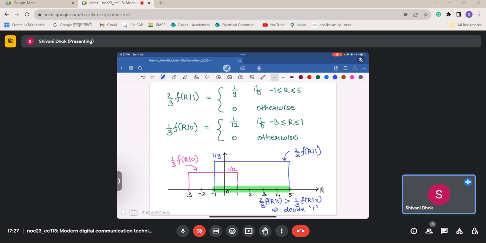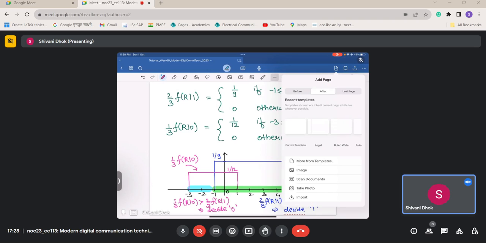However, if we look at this region, in this region we have 1 by 3 f of r given 0 greater than 2 by 3 f of r given 1, which means decide 0.